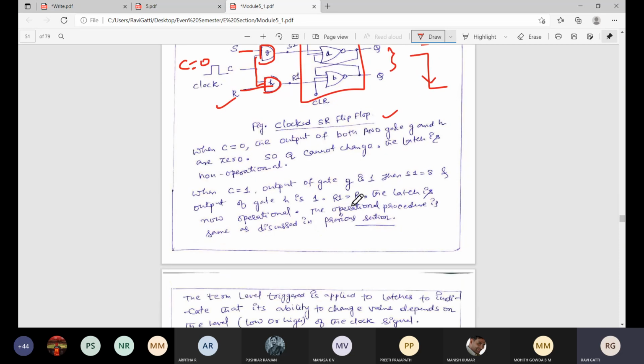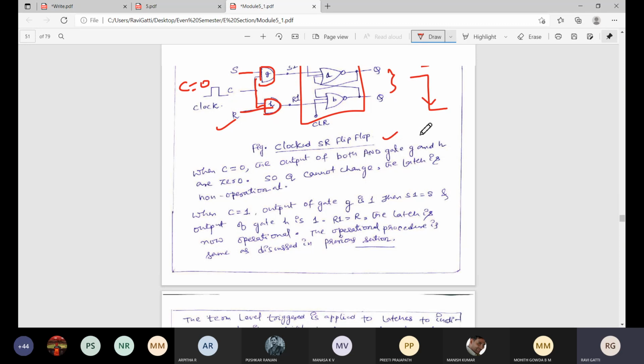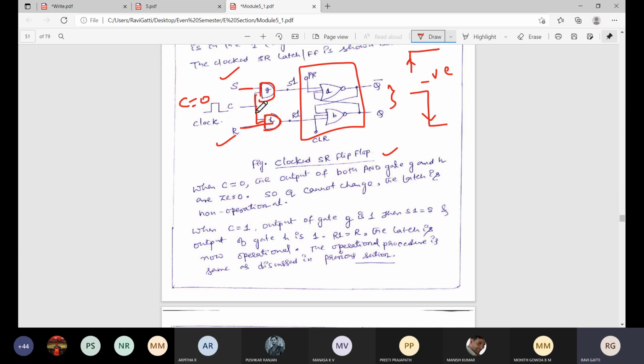When C is equal to 0, the outputs of both AND gates, G and H, are 0, so Q cannot change the latch. It will not operate, so this is the non-operational mode of the SR latch.